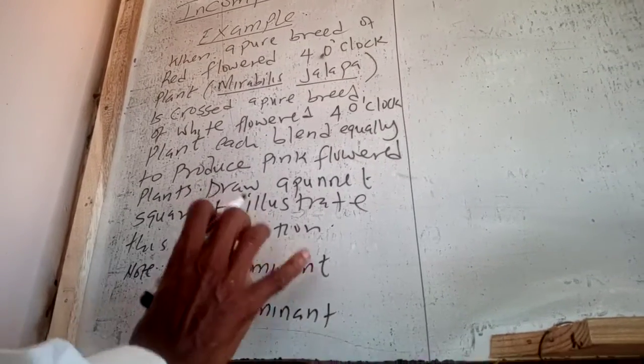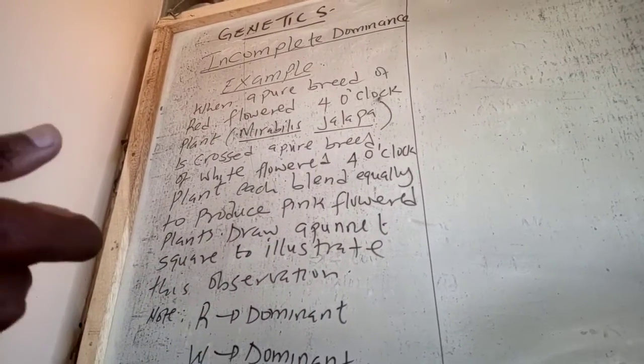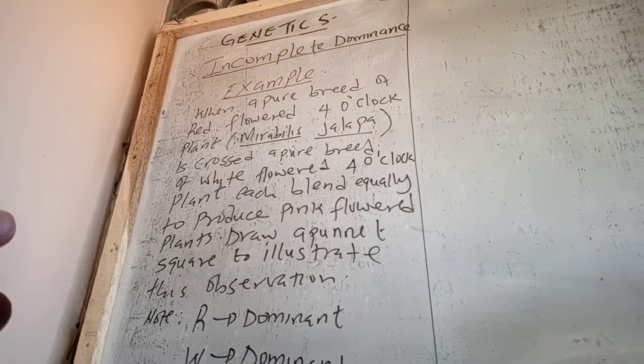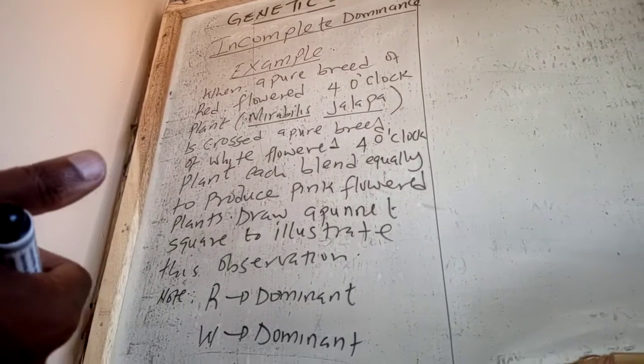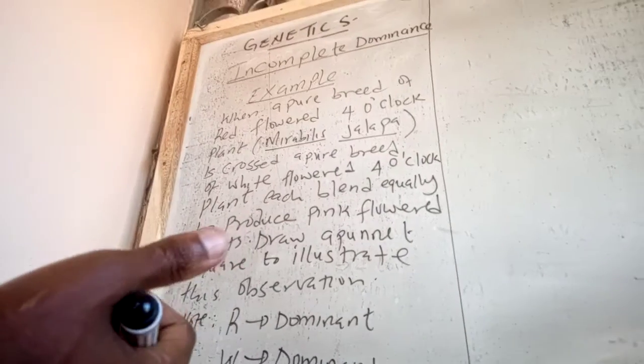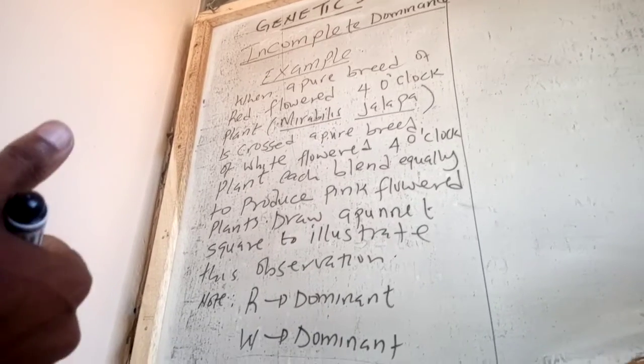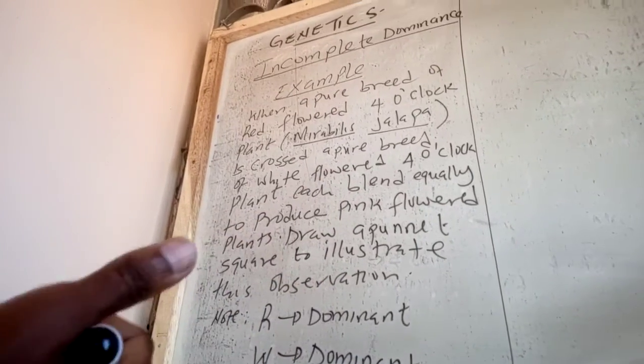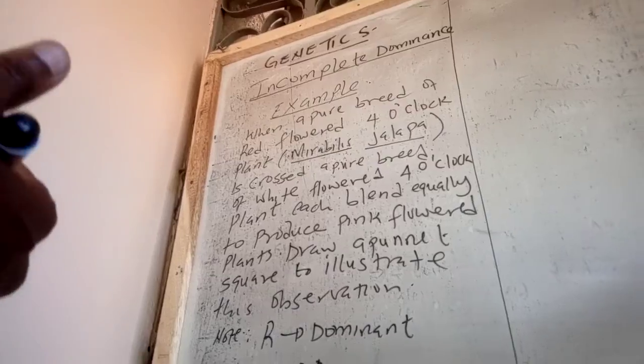So both of them are dominant. It means that when they come together, each gene is referred to as a dominant gene, because each one of them will represent itself equally.